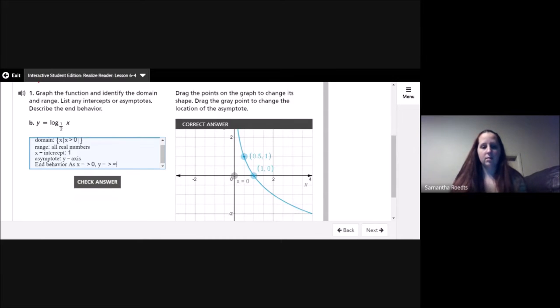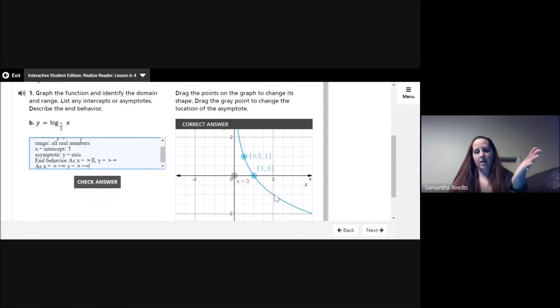Not negative. As x approaches 0, as I get closer and closer to 0, y goes towards infinity. And as x approaches infinity, y approaches negative infinity. As x gets larger and larger, going closer and closer to infinity, y is going to increase as well, but it's going to increase negatively.